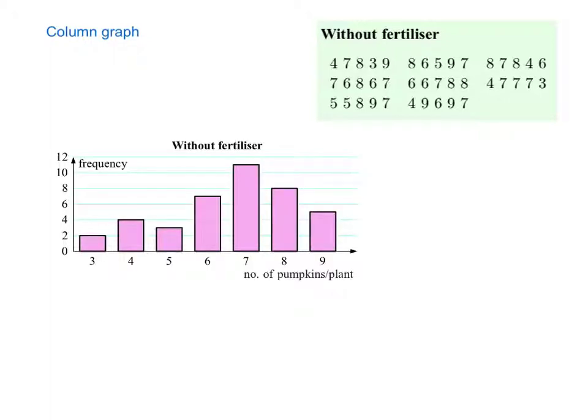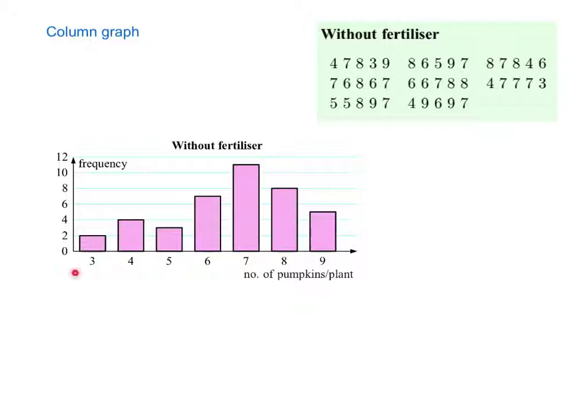Notice that we have the independent variable on the horizontal axis, and in this case it's the number of pumpkins per plant, and on the y-axis, I have the dependent variable, which is frequency, or the number of times that each of these values occurs.